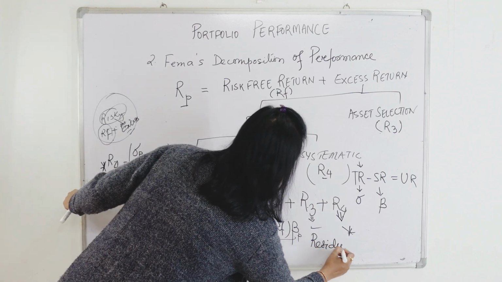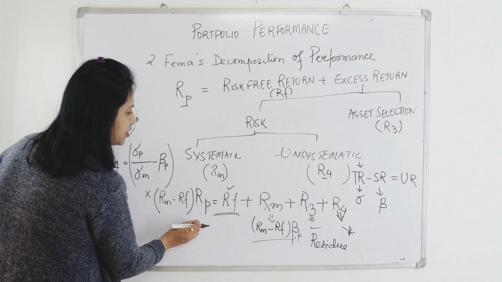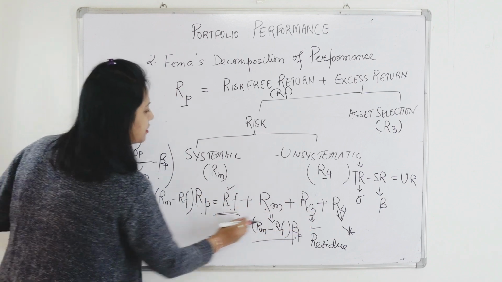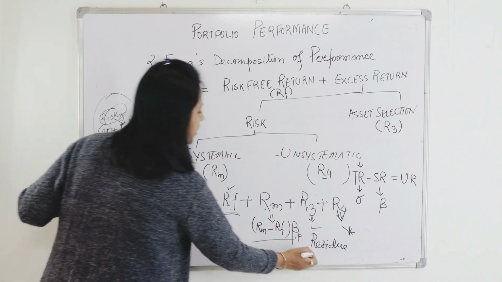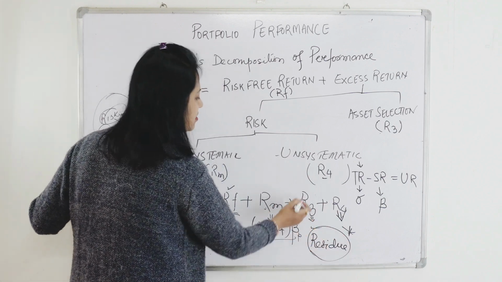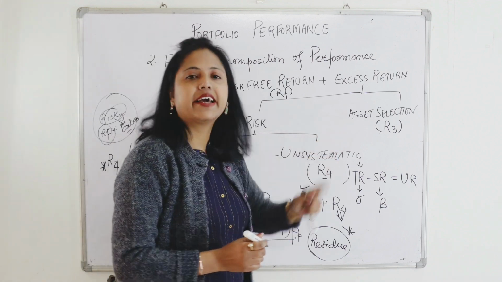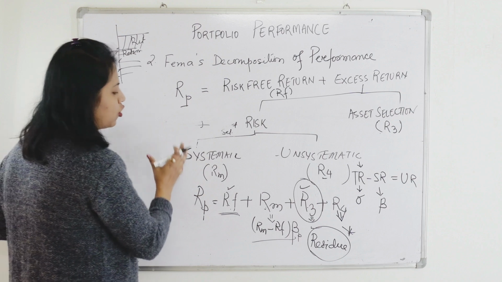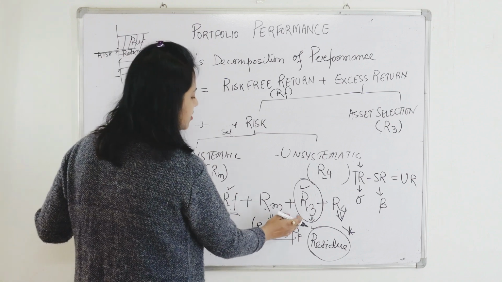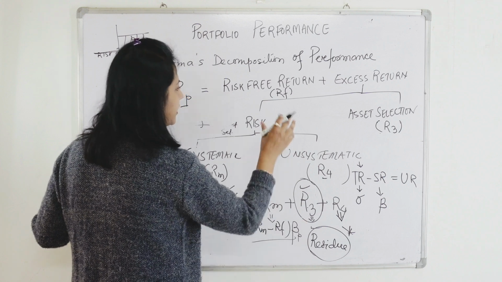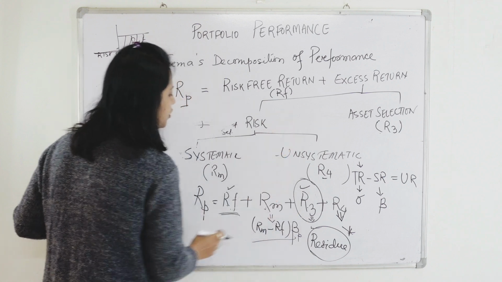That means total returns of the portfolio minus the risk-free return, minus the market return, minus the unsystematic component. What you get as the balance is the return which is simply because of the asset selection. Fama calls this pure selectivity, the excess return that has come due to asset selection. Asset selection was best, that's why you get it. So R3 is your pure selectivity.